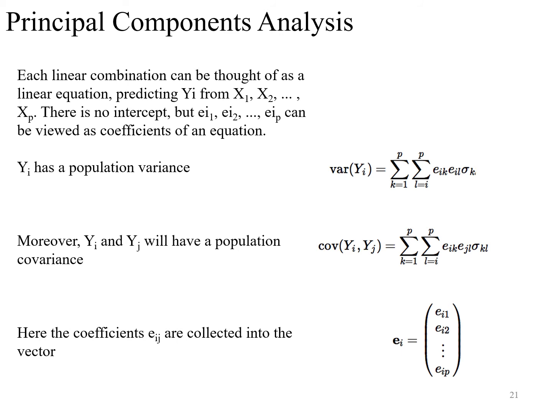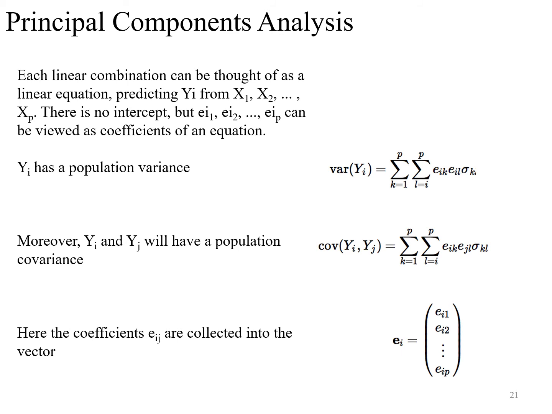Each linear combination is a linear equation that predicts yi, the ith principal component, from x1, x2, etc., xp. There's no intercept, but ei1 or ei2 or eip can be viewed as coefficients of an equation.